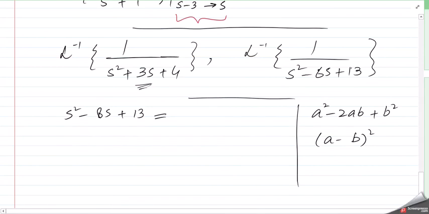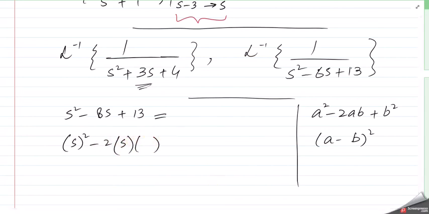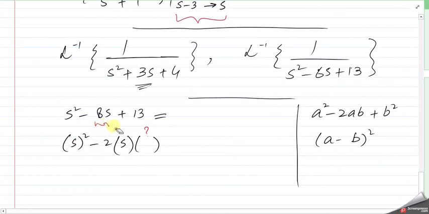So we will start with our a square minus 2a. What should I put here to make it 8s? That is the key step. So what should I put here to make it 8s? I should put 4, and that tells me that I need 4 square extra. But when I add extra, I have to subtract as well to balance the situation, and then 13 is already there.